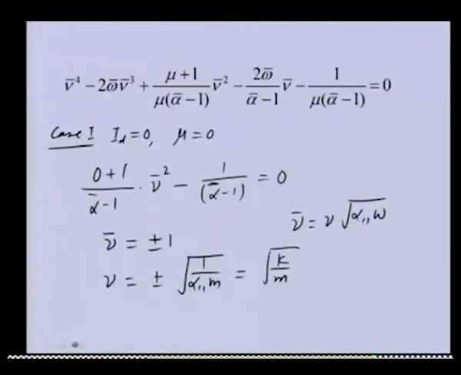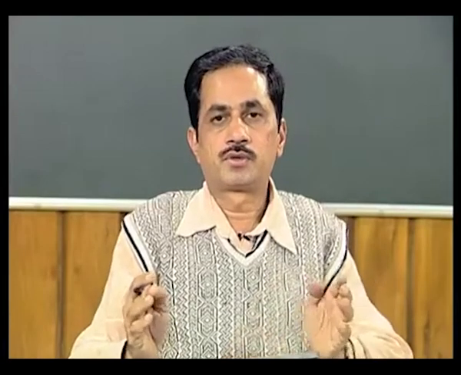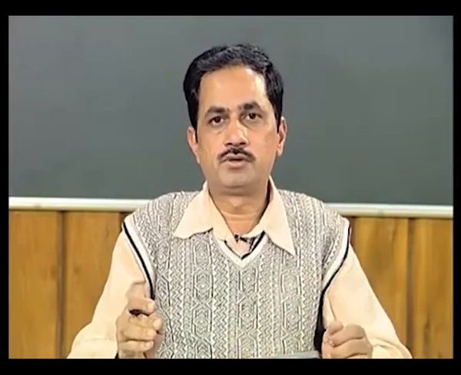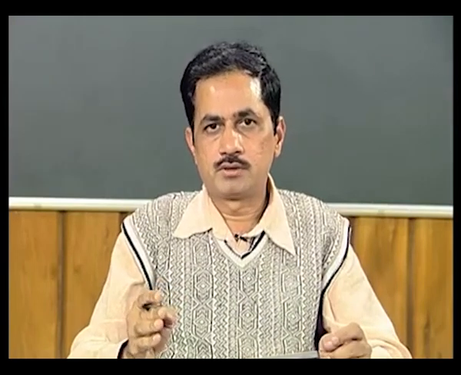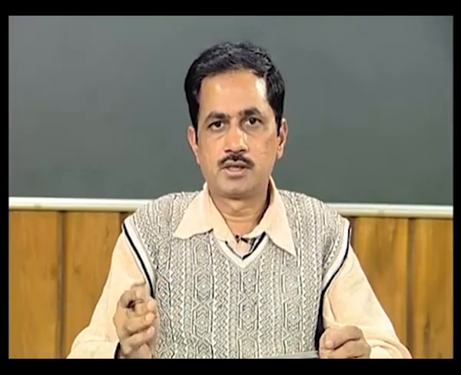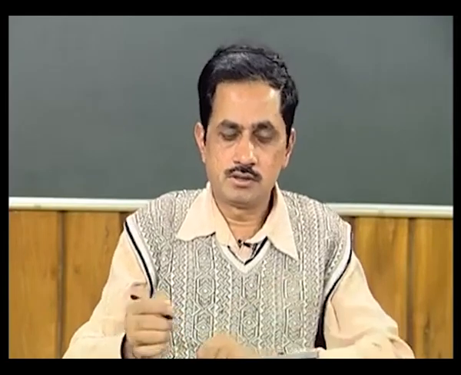So, I will take a second case in which we have ᾱ equal to 0, the elastic coupling parameter is 0. That means, in this particular case, when we give a linear displacement, the angular displacement is not taking place, and when we give an angular displacement, linear displacement is not taking place. This is a very special case.